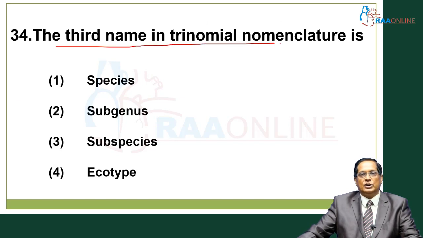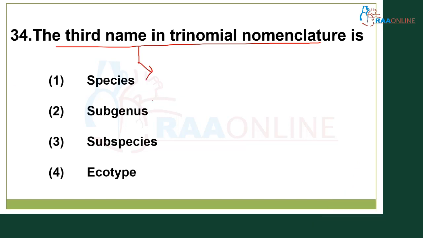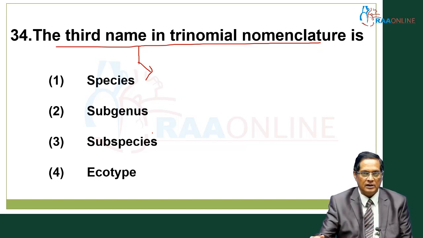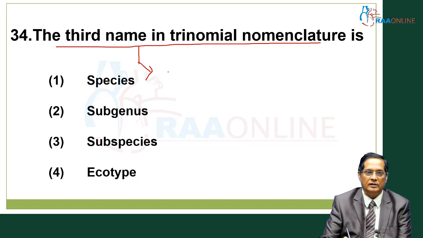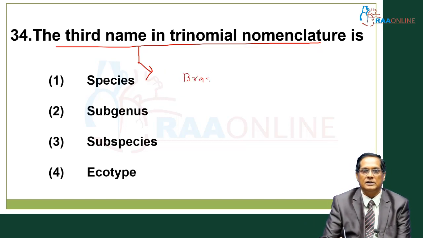Third, name in trinomial nomenclature. Let's see briefly what is trinomial. That is, for the scientific name of an organism, three words are used. Three words name. For example, again the same example which I have taken in past, Brassica oleracea.